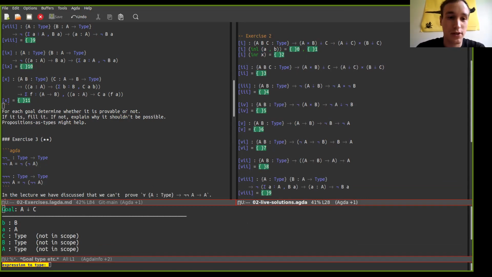So we have to give something of A or C. But if we look at what we have in the context, we have a B and we have an A, and of course the types, but they're not really important. So we can work with that A.